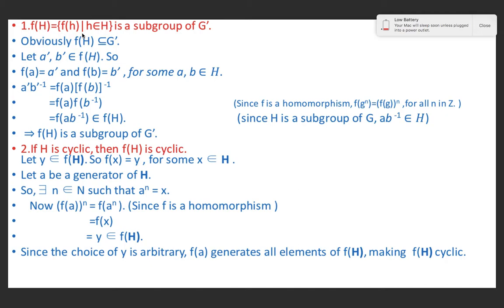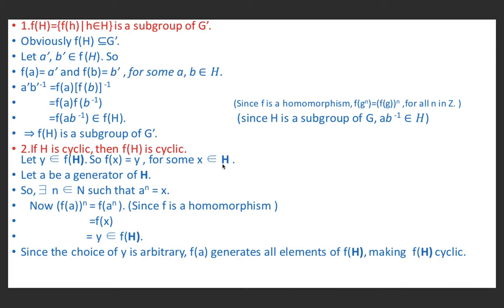Now the next property is that if H is cyclic, then f(H) is cyclic. Let y belong to f(H). So f(x) is equal to y for some x belonging to H. Because H is given to be cyclic, let a be the generator of H. So there exists n belonging to Z such that a raised to n is equal to x.